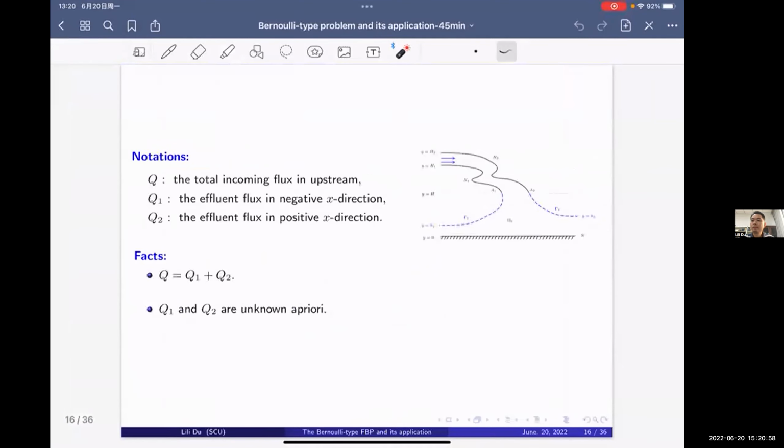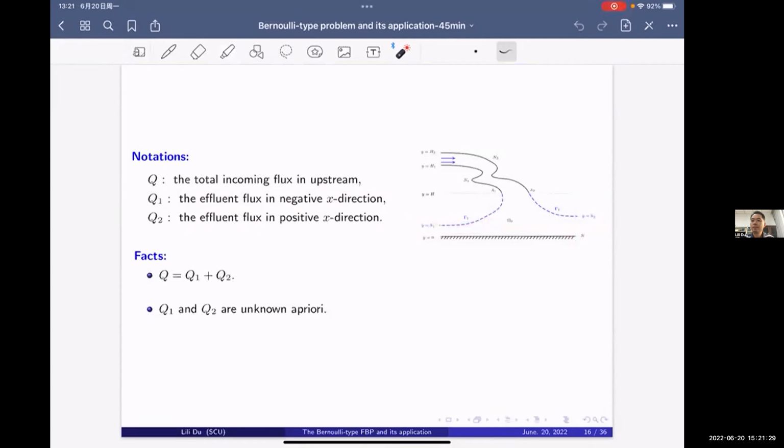Next, we denote Q to be the total mass flux in the upstream. Q1 is the influent flux in the negative x direction, that is, to the left, and Q2 is the influent flux to the right.